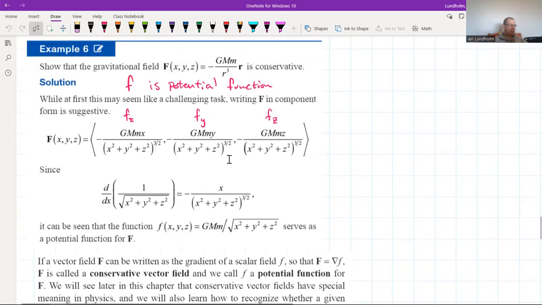So gravity is an example of a vector field that's conservative.